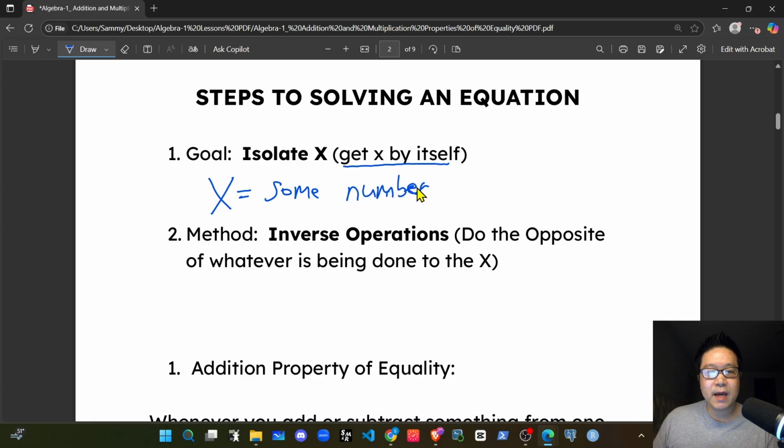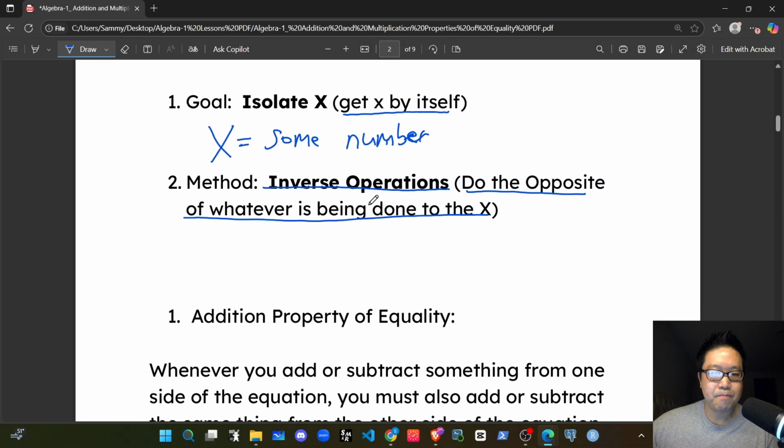Okay. And the second thing you need to know about solving an equation is that the method, in other words, how we isolate x, is going to involve something called inverse operations. This means do the opposite of whatever is being done to the x.